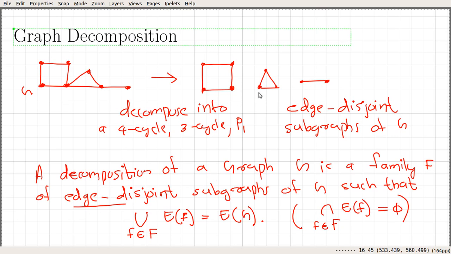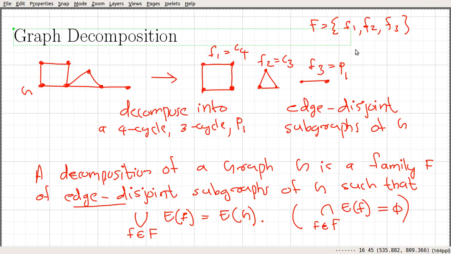In this particular decomposition we have three members. Let's call them F1, F2 and F3. Here F1 happens to be C4, a cycle on 4 vertices, F2 is C3 and F3 is P1, a path on 2 vertices. Our family contains these three sets, F1, F2 and F3.